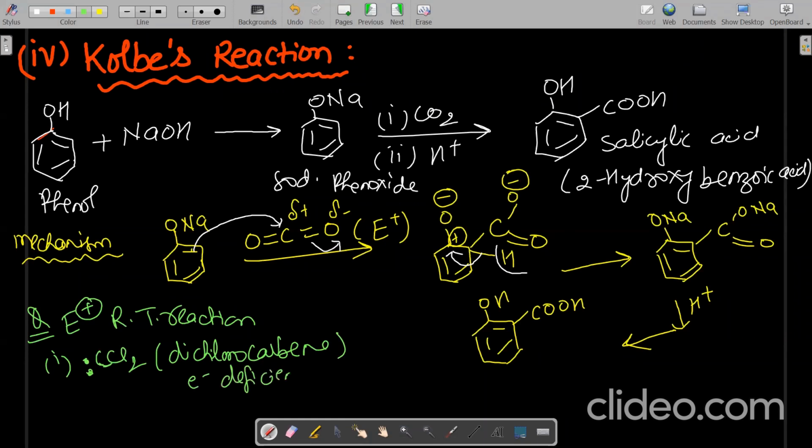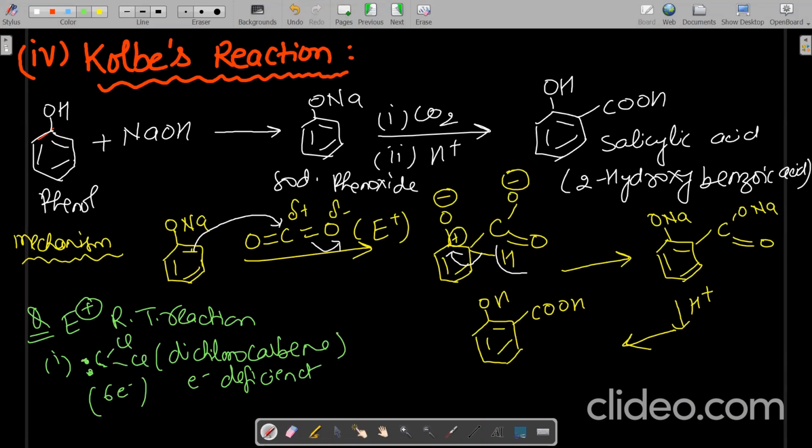Why is it an electron deficient species? Because this carbon has only 6 electrons. When you count the bonds, you can see how it has only 6 electrons. Just I will show you. Okay, just a minute. So you can see this CCl2, I'm writing in this form.